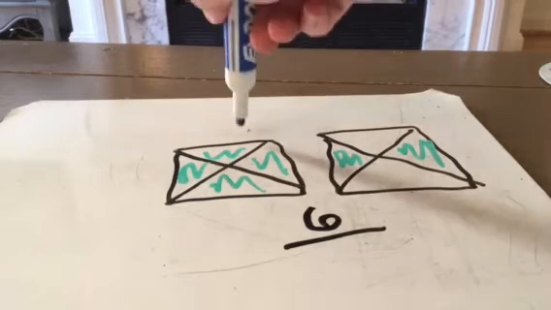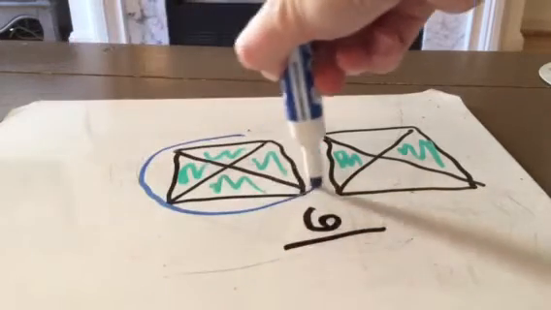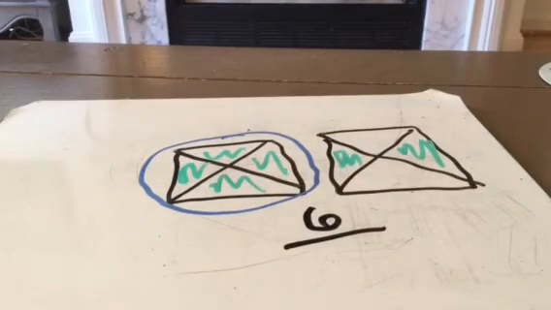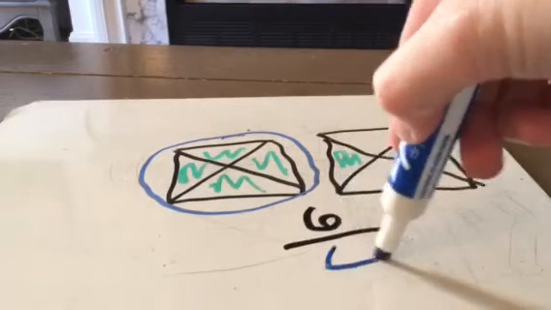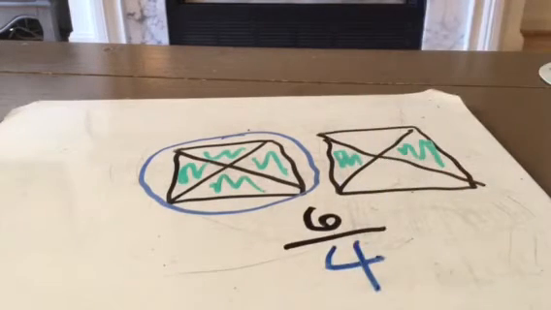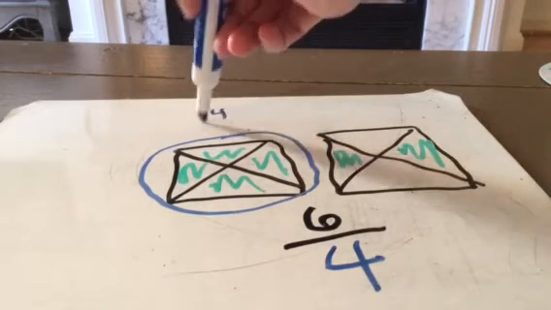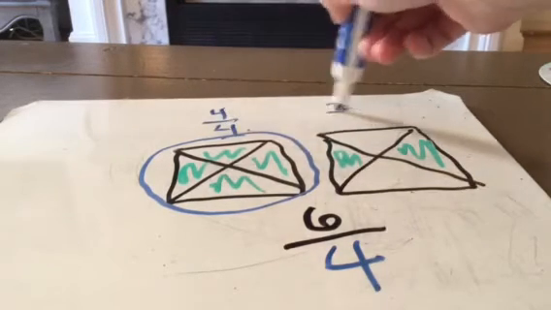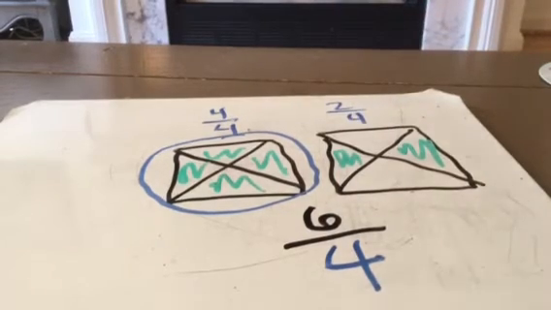So circle where you see one whole. There's one whole. How many pieces are in one whole? 4. So the answer to the improper fraction is 6/4, because 4/4 equals one whole, and 2/4 extra.